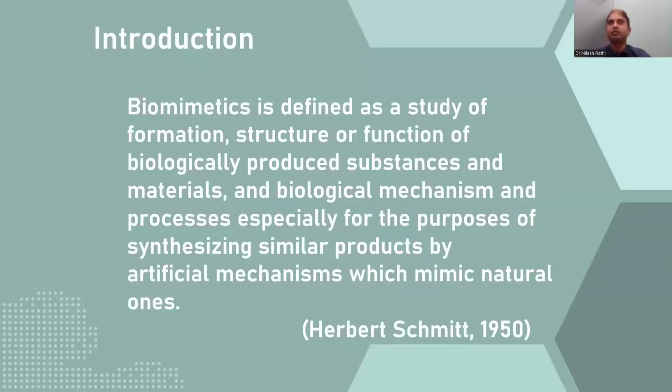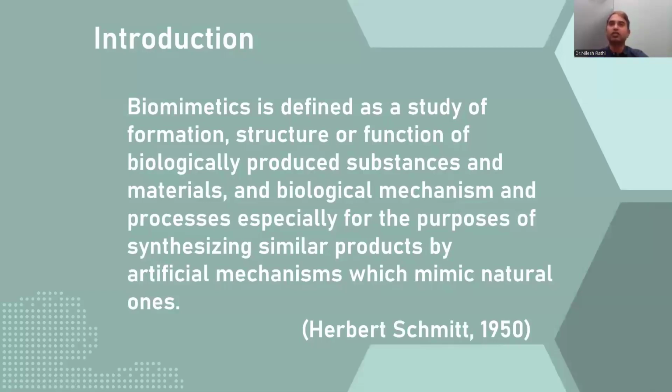Now, what is biomimetics? Biomimetics is the study of the formation, structure, or function of biologically produced substances and materials, and its mechanisms or processes, especially for the purpose of synthesizing similar products by artificial mechanisms which mimic the natural ones.